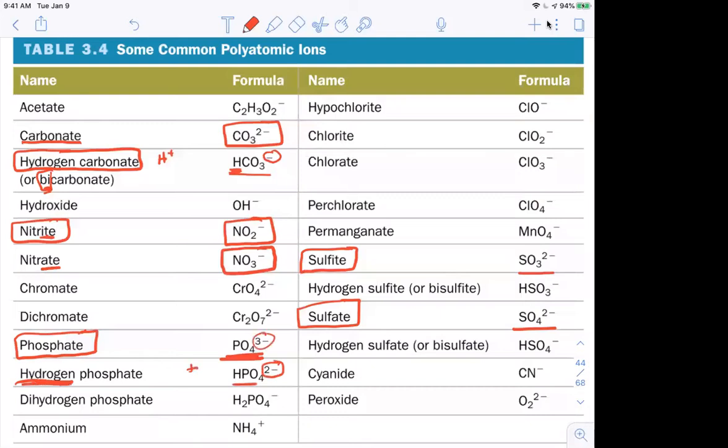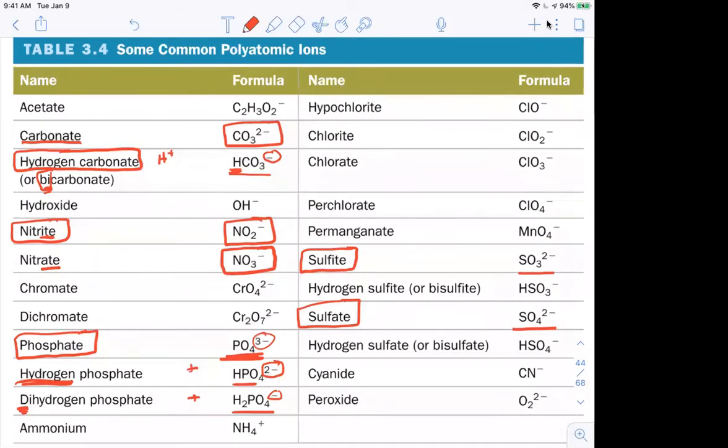Because this is -3, I can add a second hydrogen. Now I add another plus, I go down to -1. For that name, this is one of the only times I use these prefixes in ionic nomenclature. The name of the ion in this case is dihydrogen phosphate.